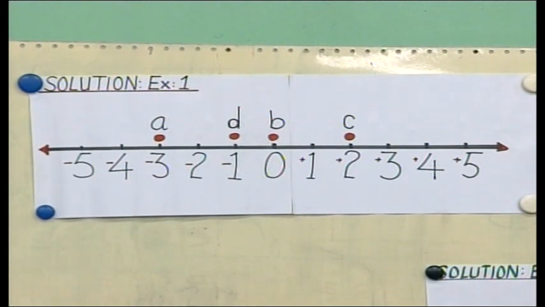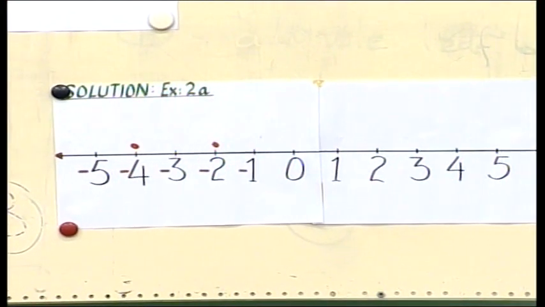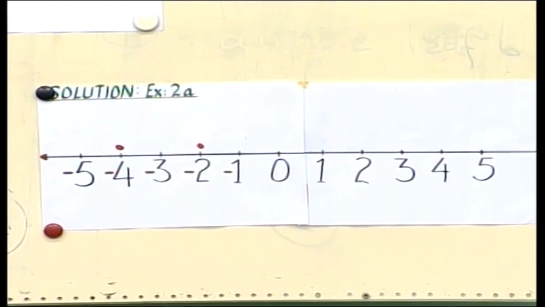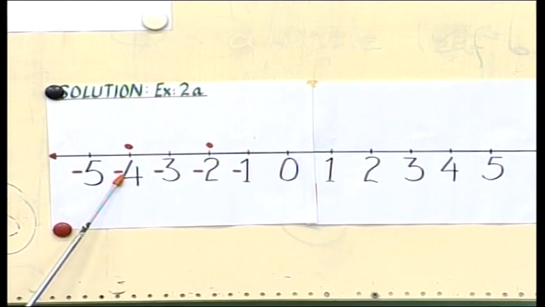Solution to exercise number 2. Integers 1 unit away from 3. This is the solution to exercise 2.